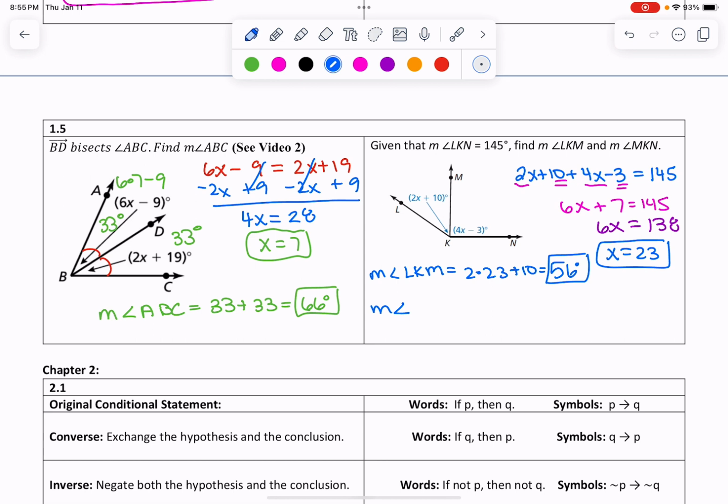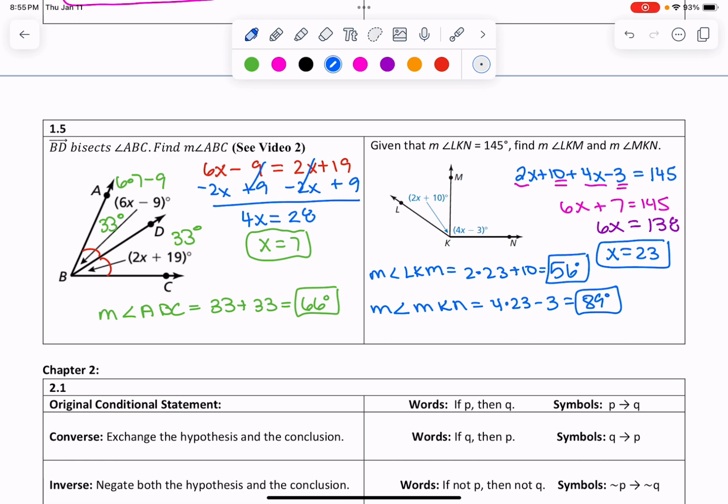And then my bottom angle, MKN, 4 times 23 minus 3 is 89 degrees. And we can double check. If I add 56 plus 89, that adds up to the whole thing of 145.